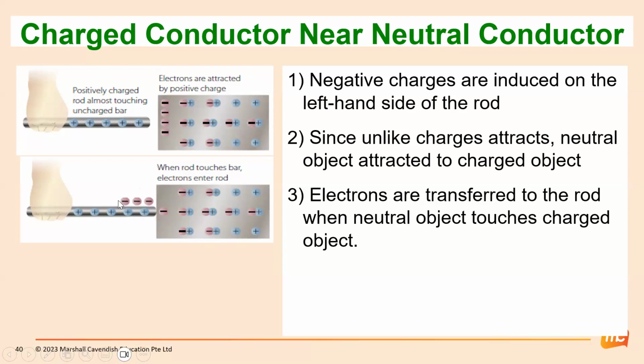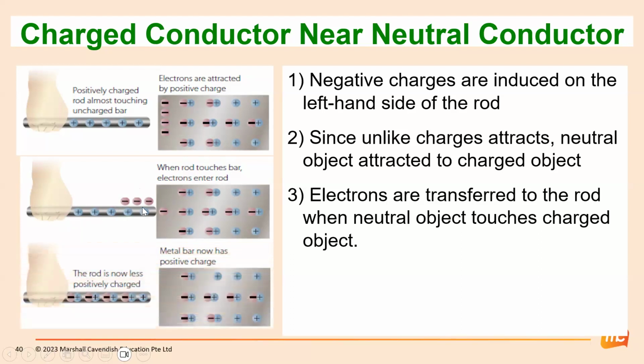Even with a few electrons being transferred, it is still positive. You can count, I have 1, 2, 3, 4, 5. I have 5 plus, and only 3 electrons get transferred to it. We assume that this is highly positively charged. So with a few electrons being transferred, the rod is still positively charged, but just less positive now. There's still more plus than minus.